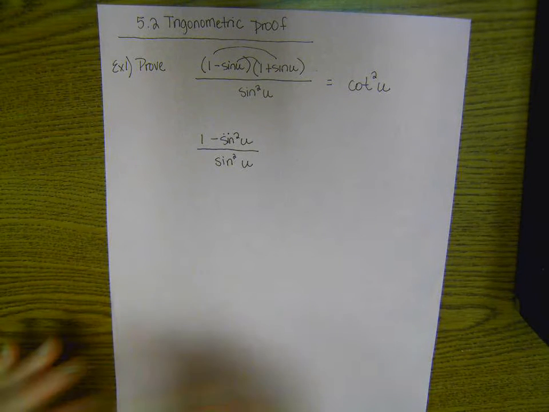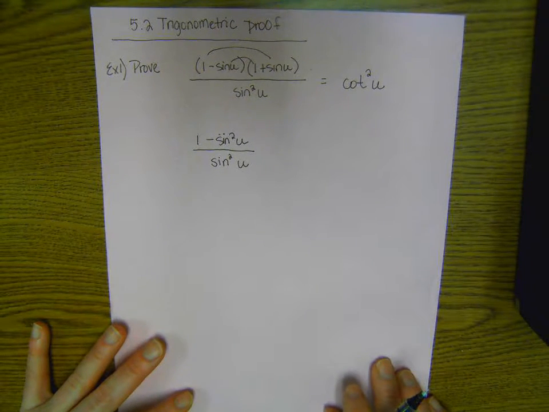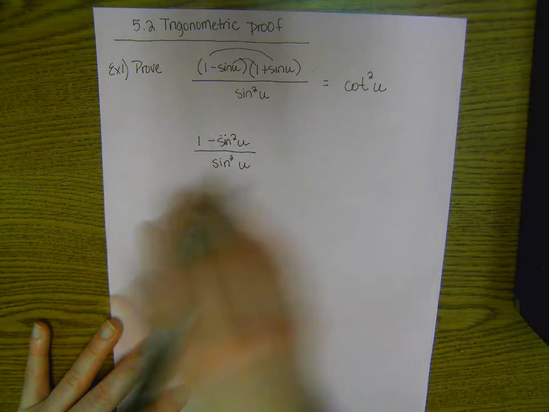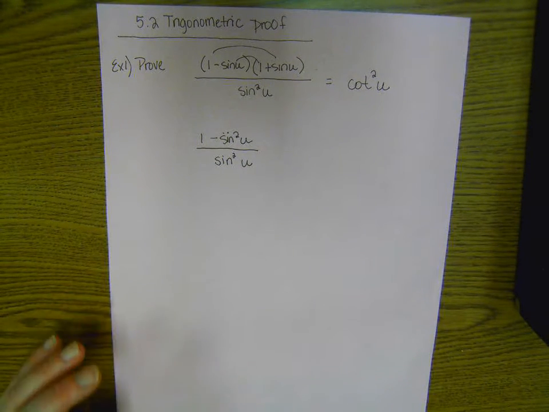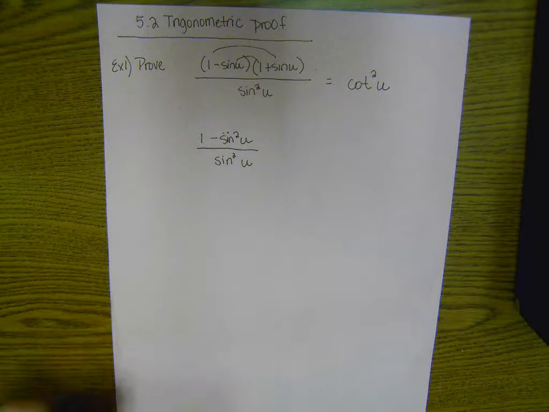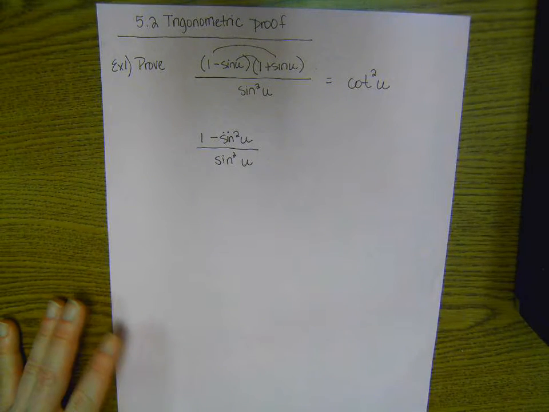All right, so now here are some things that might be tempting. You might try, oh, I'm going to divide both things by sine squared. Okay, well, you could do that if you wanted. Basically, at some point, it's going to involve probably a Pythagorean identity because of the squares in there.